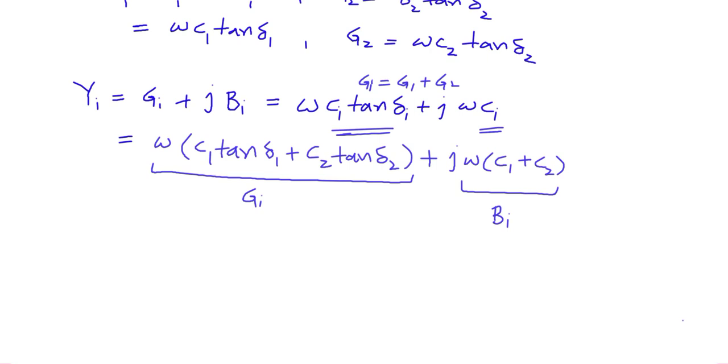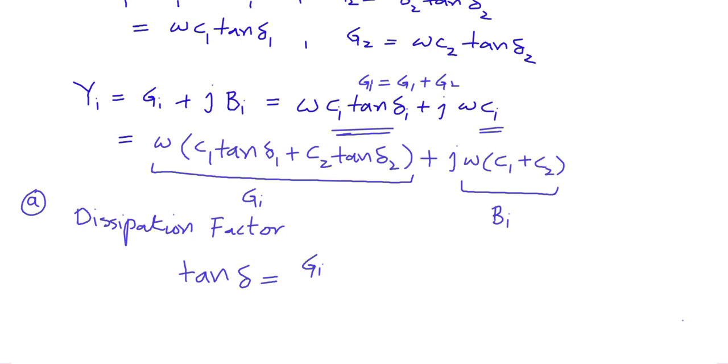So now in part A we were required to calculate the dissipation factor. So the dissipation factor here will be tangent delta equivalent, and that will be equal to G_i over B_i.